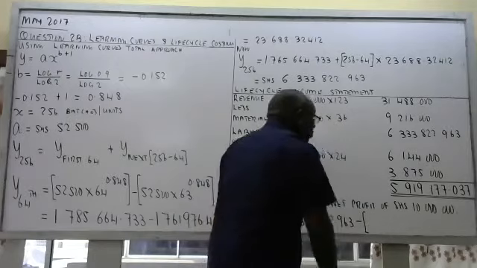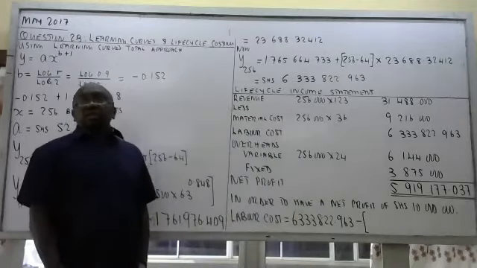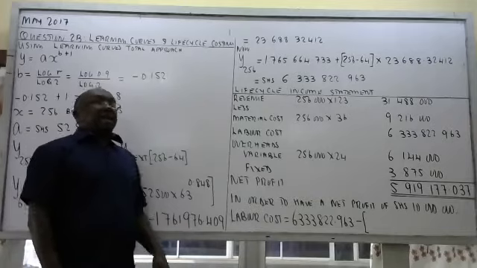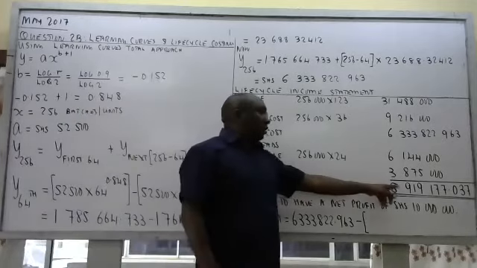So we are going to reduce it. We are going to reduce it by the amount required to make this one to be 10 million.